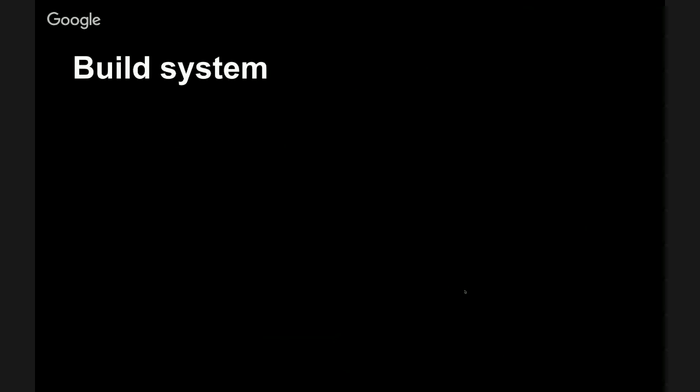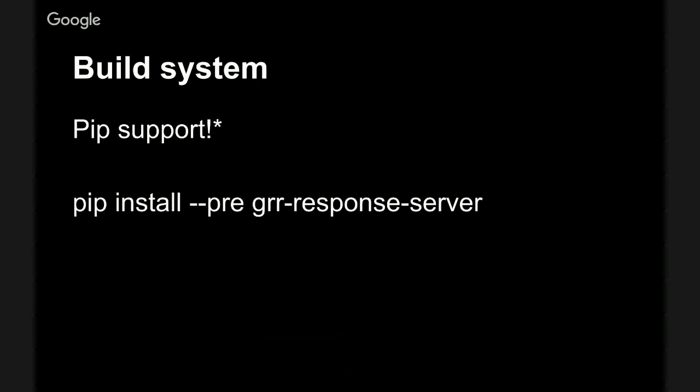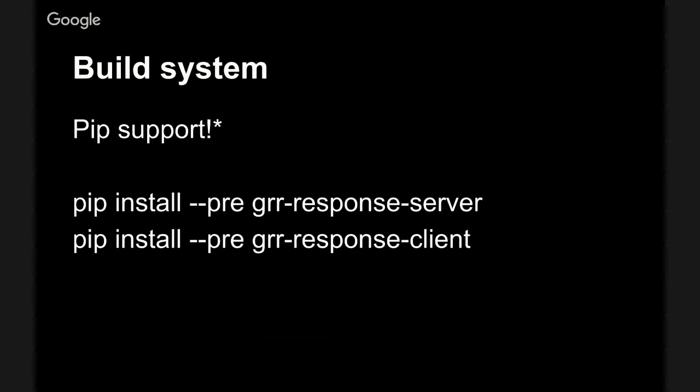So another large change we've made is the build system. As of now, you can actually pip install, which is a pretty big improvement over the way that you needed to either get a development environment or install a server.